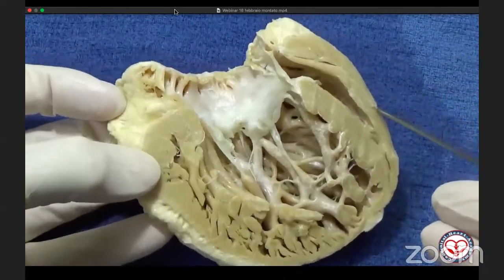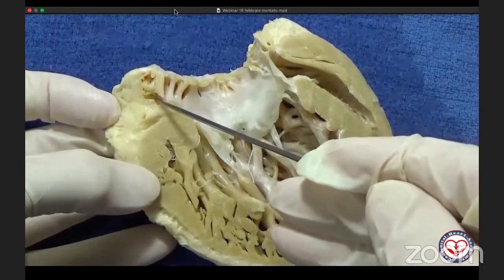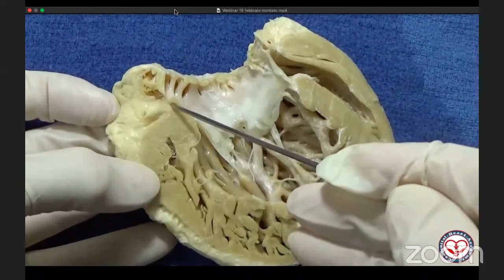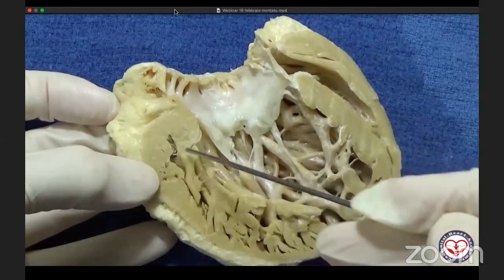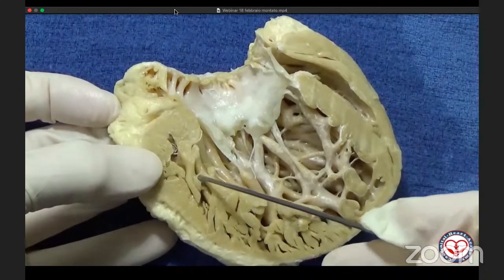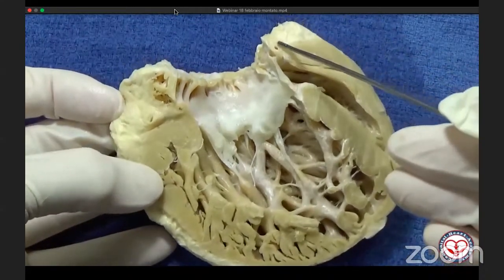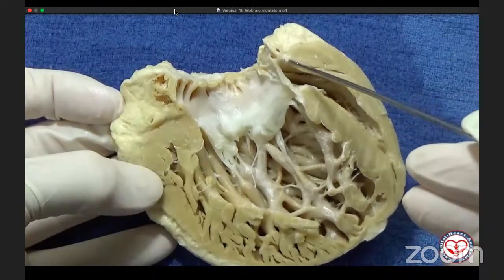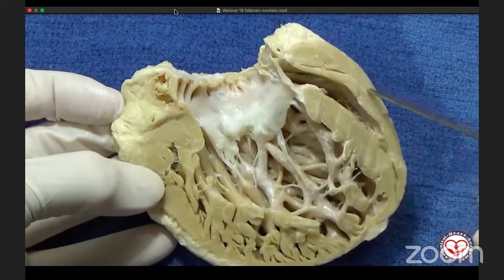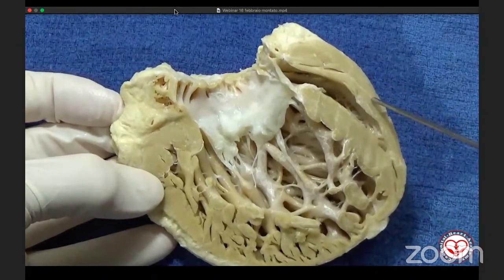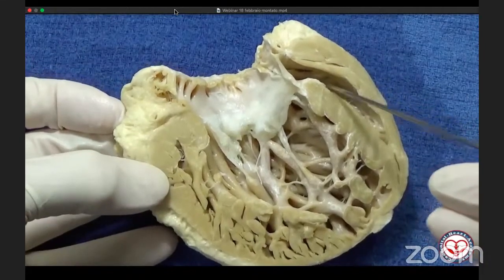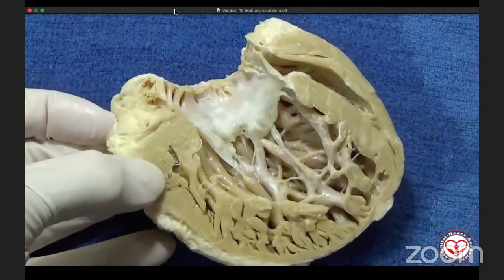There are concordant atrioventricular connections, so that the musculature of this right atrium is connected to the musculature of this dominant right ventricle, and the musculature of the left atrium is connected to the ventricular mass or the musculature of the incomplete and rudimentary left ventricle.